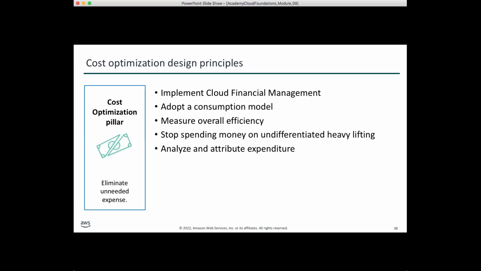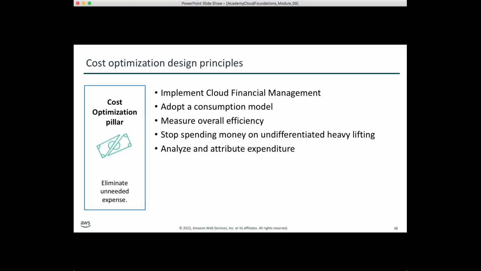Stop spending money on undifferentiated heavy lifting. That is, AWS will do all your heavy lifting job, for example, racking and stacking of your servers, or powering your servers, which means that we can actually focus on our customer, our business need, our business project, rather than the IT infrastructure.